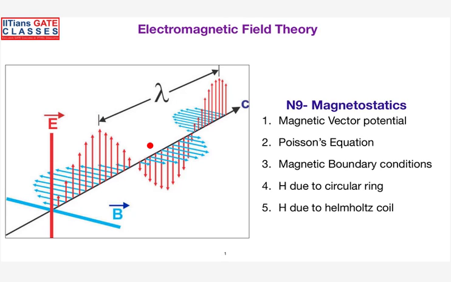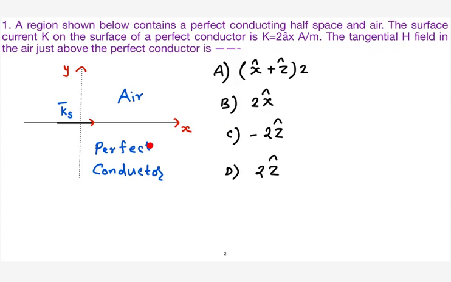So shall we start the problems then? If you don't have any questions, we can start with the problems. So see the first question, and you can read it and try to tell me the answer.